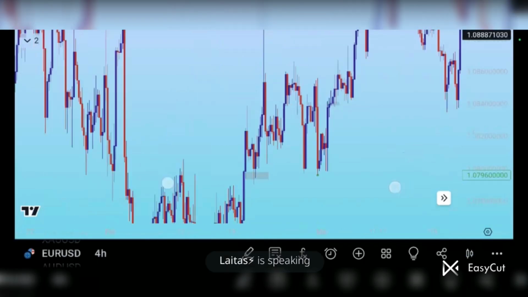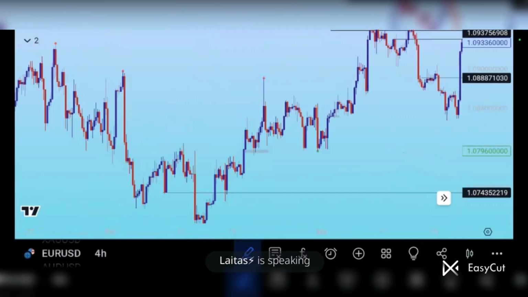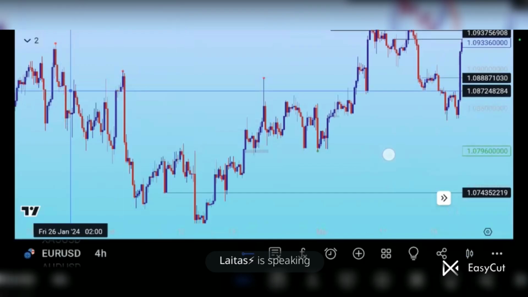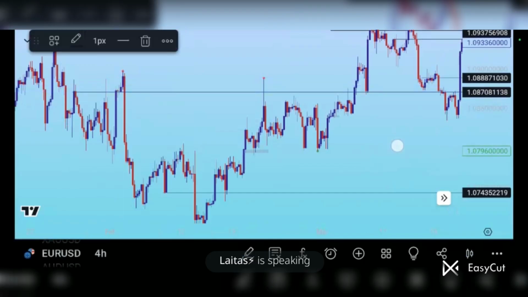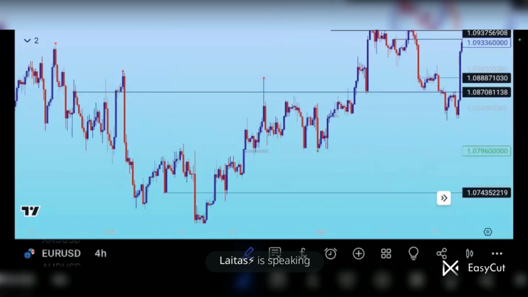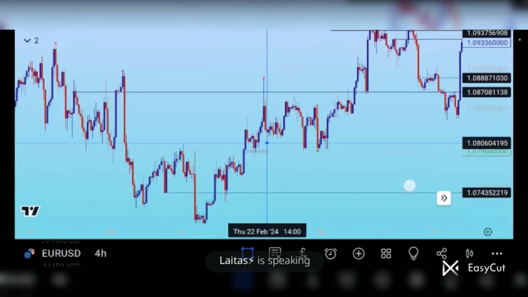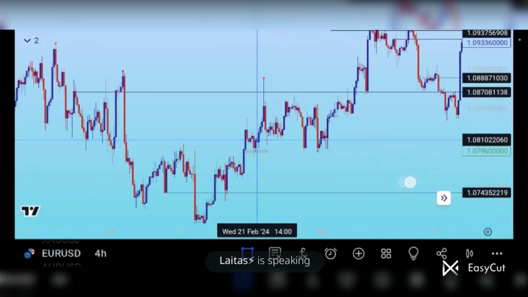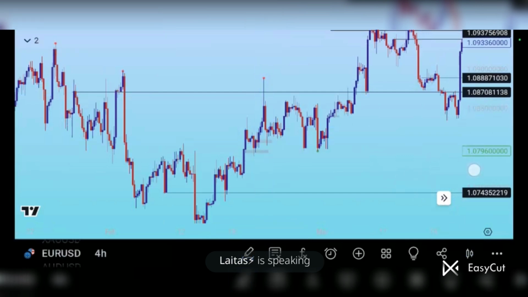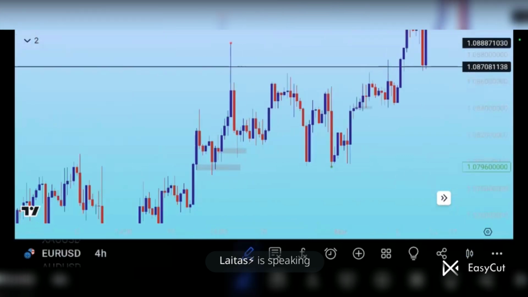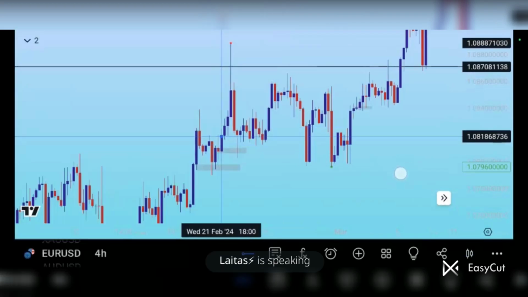If price is coming from a classic level, this is also QM. Because price was coming from this QM now, price needs to use the classic one here to continue.